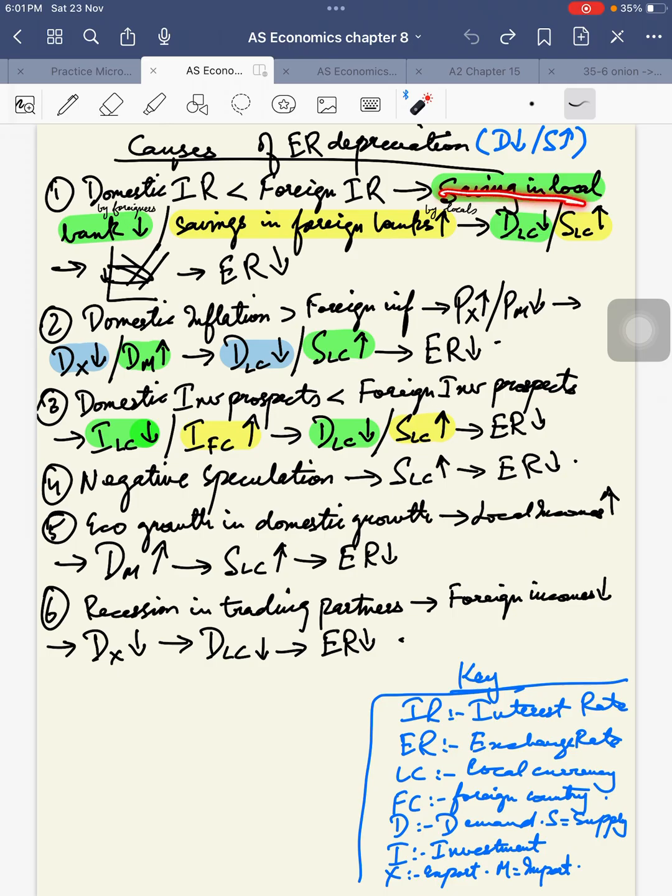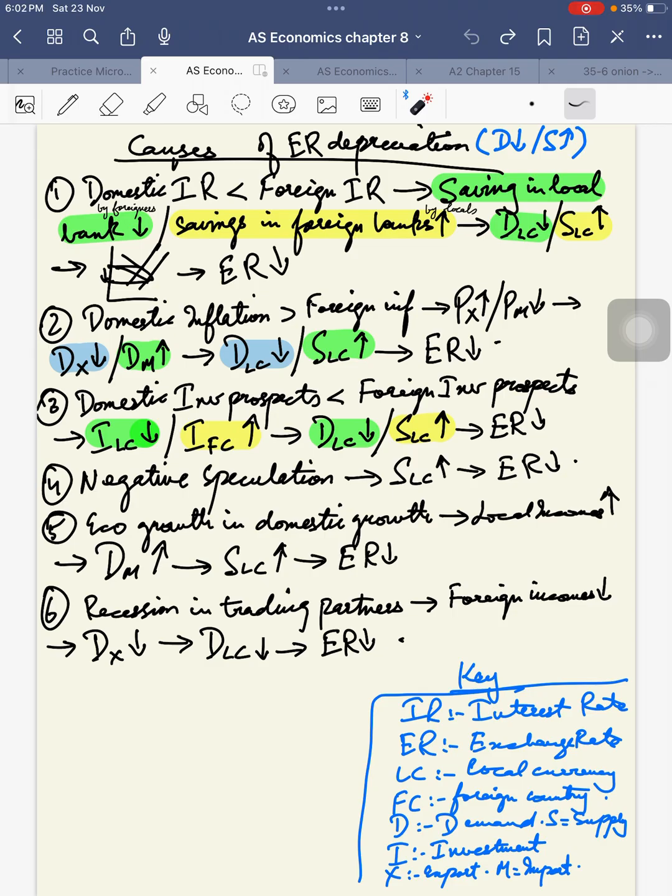Local people want to save, or actually, I've written that savings in local banks decrease. So the first, this green highlighted point, is that foreigners want to save less in Pakistani banks. So let's suppose Pakistan's interest rate has fallen.